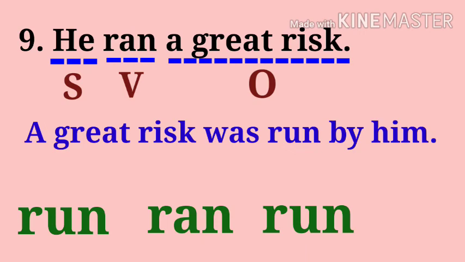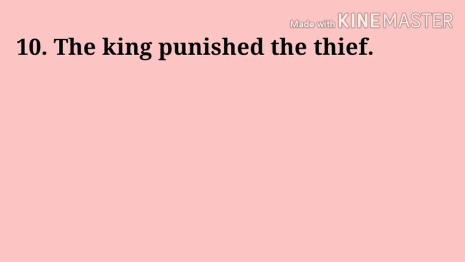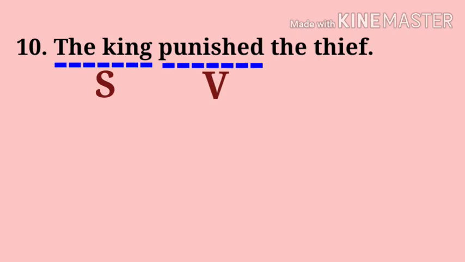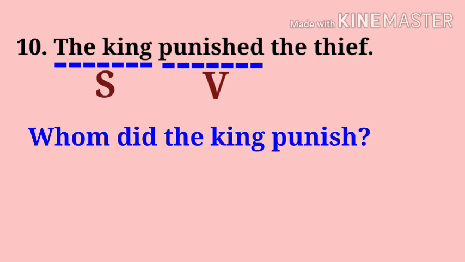And the last sentence: the king punished the thief. See the sentence. The subject is the king. Punished is your verb. And see the question: whom did the king punish? And the answer is the thief. So the thief is your object.